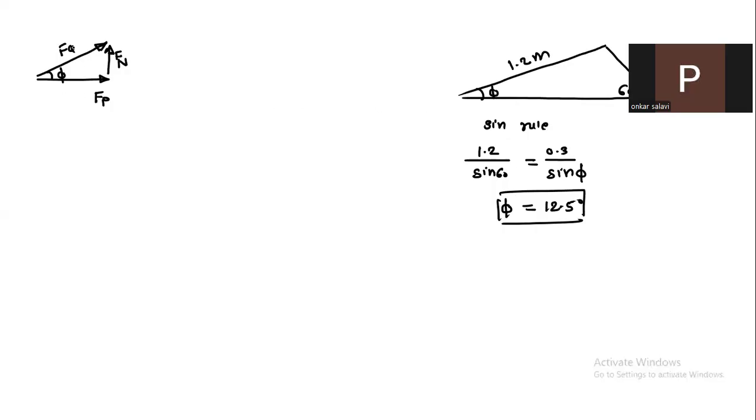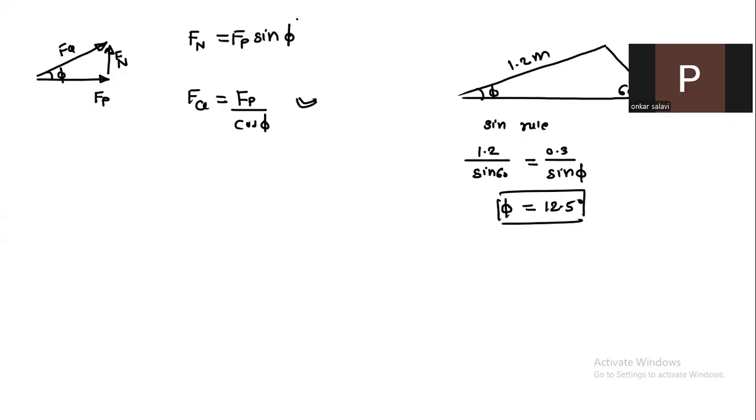Now the phi is known. Now just write the equations. The first equation: Fn is equal to FP, as it is opposite, means FP sine phi. Fq is equal to FP upon cos phi.